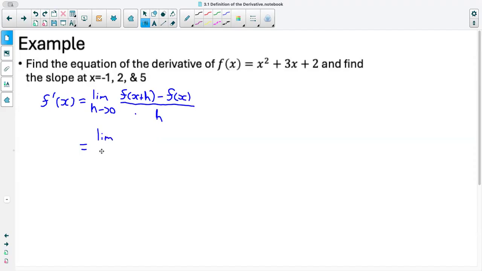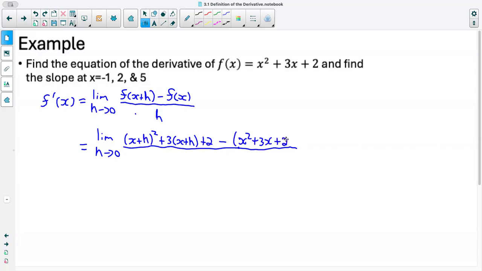So we've got our limit as h goes to 0 of x plus h squared plus 3 times x plus h. And then we've got plus 2. And then we're subtracting our original function, so minus x squared plus 3x plus 2. And that's all over h.